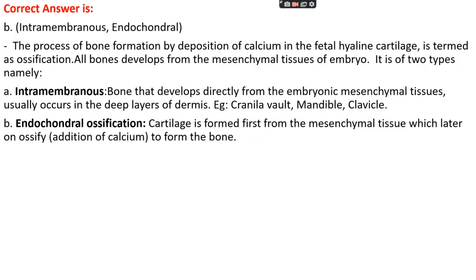The process of bone formation by deposition of calcium in the fetal hyaline cartilage is termed ossification. We all know that all bones develop from the mesenchymal tissue of the embryo.